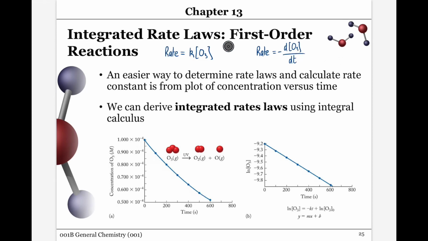Based on comparing these two expressions, we can immediately recognize the fact that d[O3]/dt must be equal to minus K times [O3]. So let's write that out explicitly. So we have d[O3]/dt is equal to minus K times [O3].